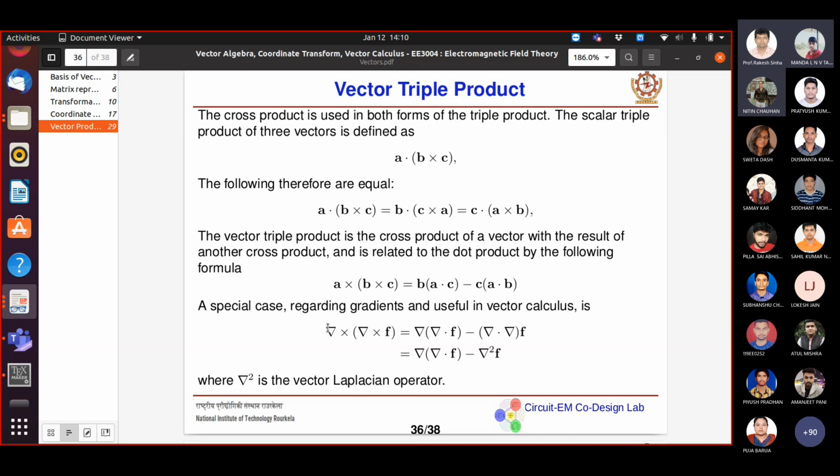Okay, so that is basically del cross del cross a field F, where F is a certain vector field. That equals del of, it is basically the B, del of A dot C, so you can see that is basically del of del dot F, minus A dot B, which means del dot del into F. Del dot del is basically the Laplacian operator, del square.